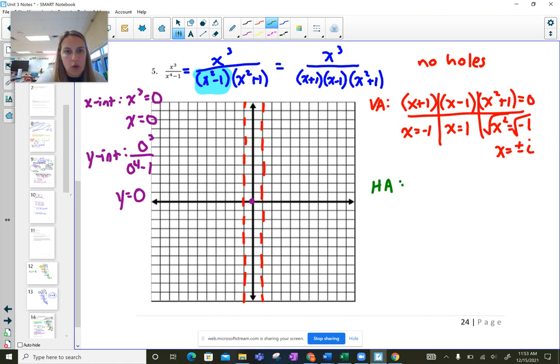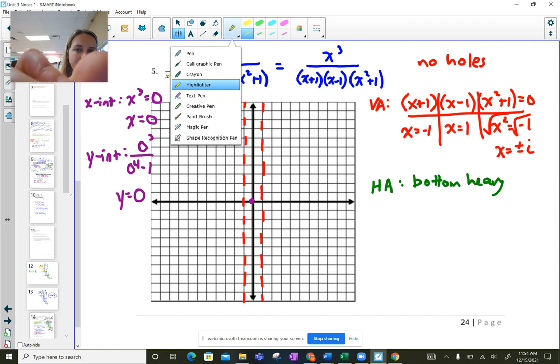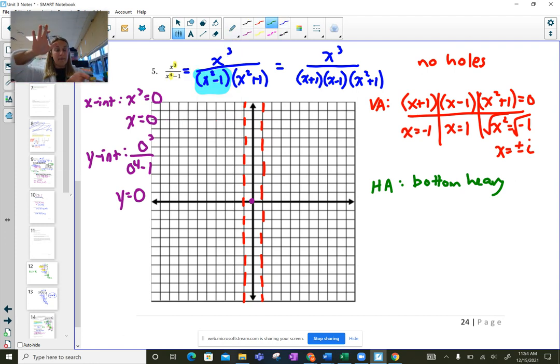This one is bottom heavy because the degree in the bottom is bigger than the degree on the top. So when you're bottom heavy, your asymptote hits the ground. The ground there is the x-axis. So the horizontal asymptote is y equals 0.